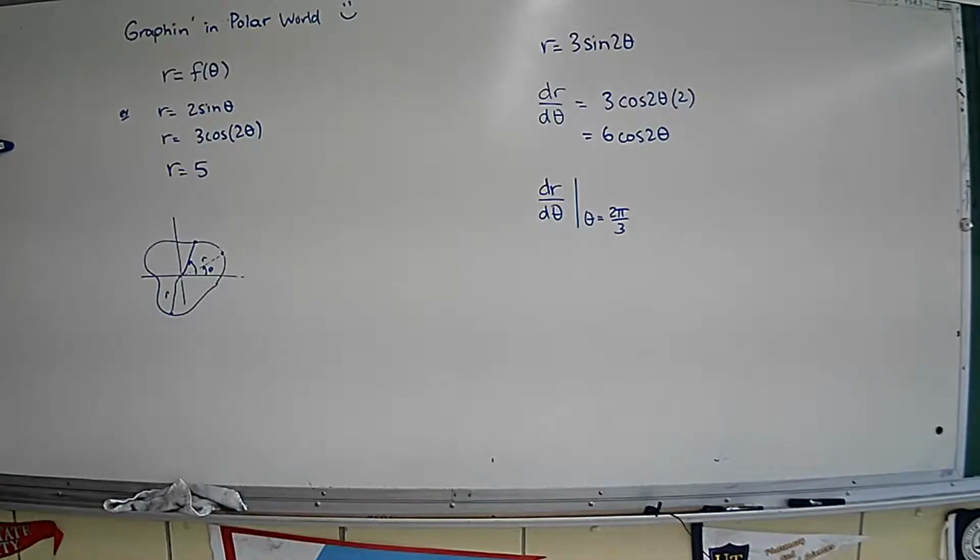Before you compute the answer to this, I want you to tell me what its sign will be based off of the discussion that we were just having. Where's 2 pi over 3? It's in the second quadrant, yeah? Okay.